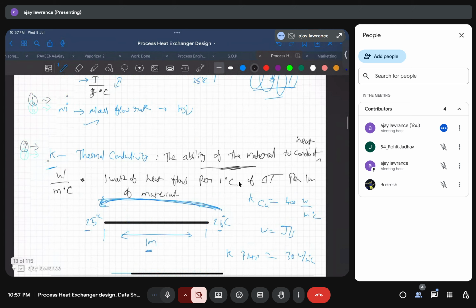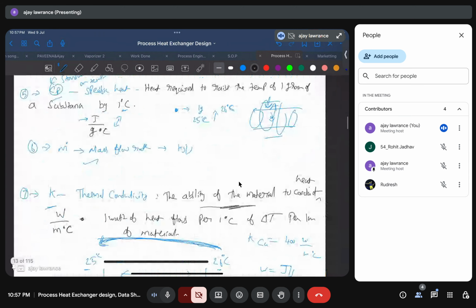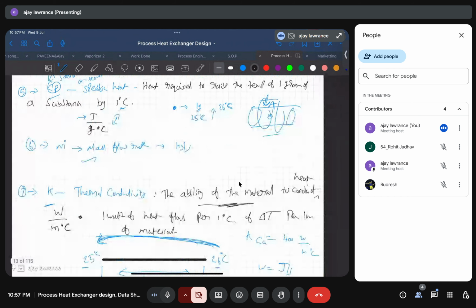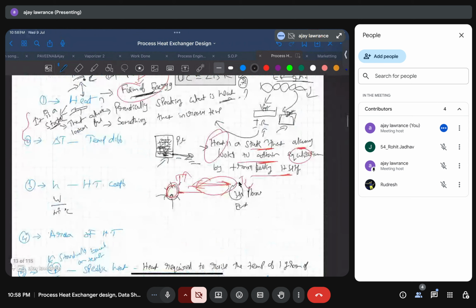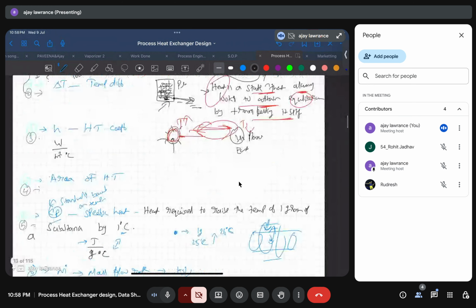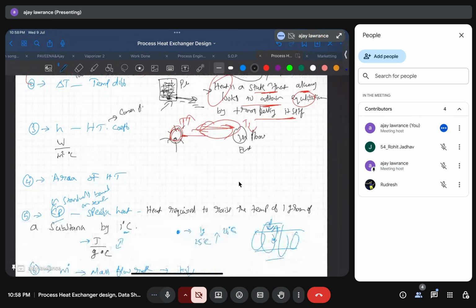So it is the 1 watt of heat that flows per degree Celsius of temperature difference per 1 meter of material. Here, it is per 1 meter square of the fluid. Since we are having a fluid here, you have to take a capacity, because heat transfer coefficient will always come for fluids or convective heat transfer only.